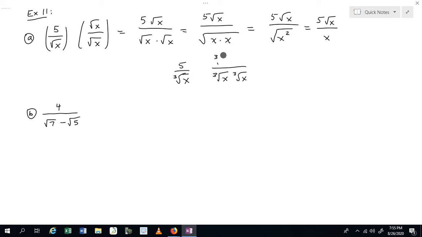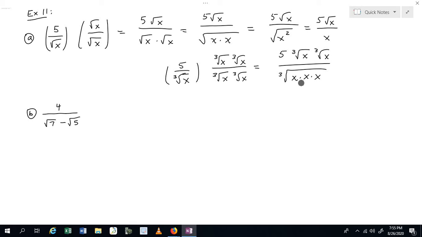And of course, if I do that on the bottom, I'm going to have to multiply it by the same thing on top because it has to equal 1. And so the reason I need 3 of them total is because when I multiply these together, I get the cube root of x times x times x. And of course, on the top here, I just get 5 times the cube root of x times the cube root of x.